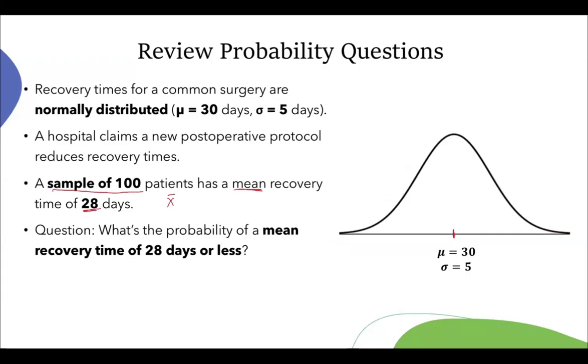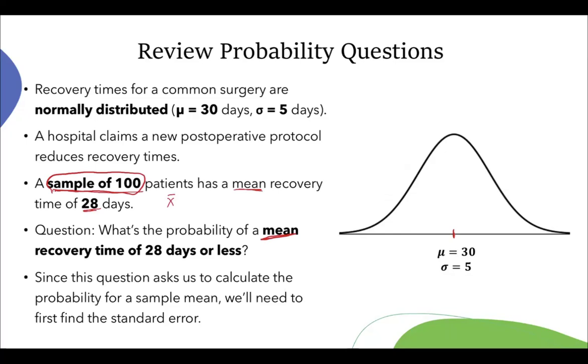What's the probability of a mean recovery time of 28 days or less? So now we recognize that this problem is providing us with a sample, and the question is asking us about the mean of that sample, the probability of the mean of that sample. And so we need to take that additional step that we saw a few lectures ago, where we had to calculate the standard error.